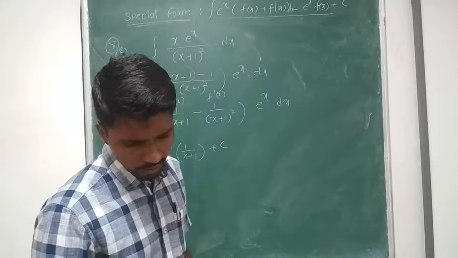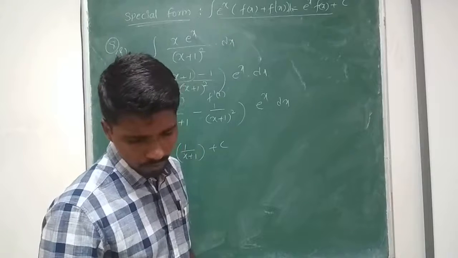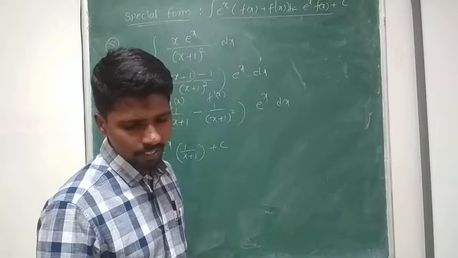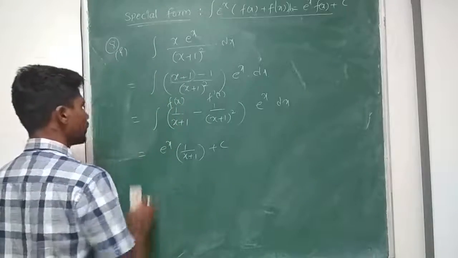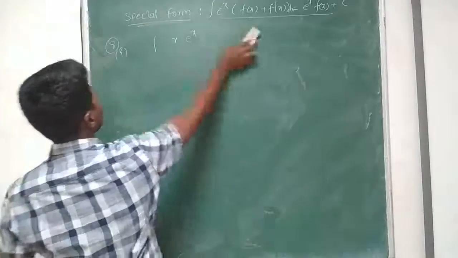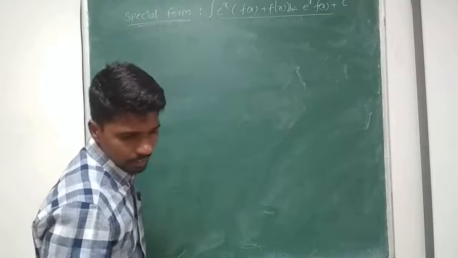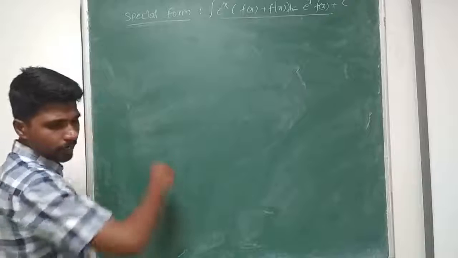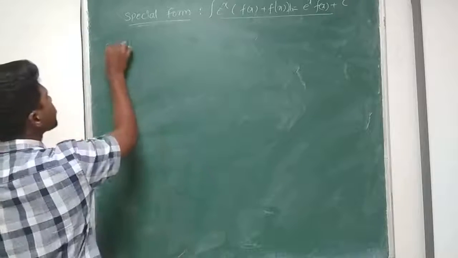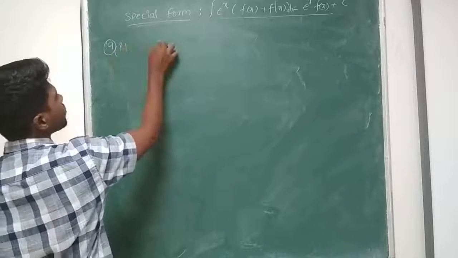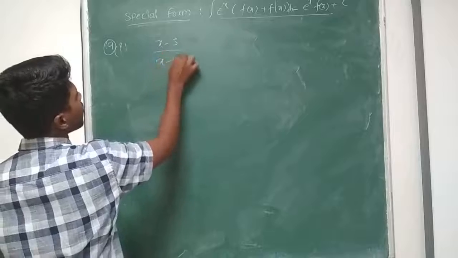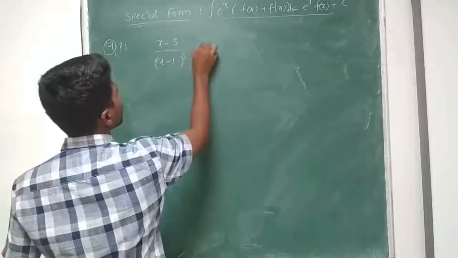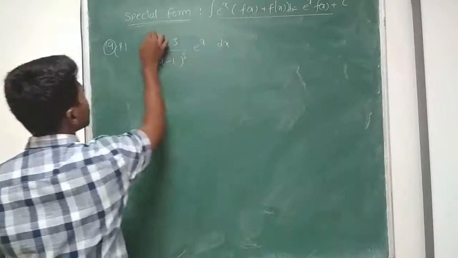Okay. So later one more problem. The same way, they have given x minus 3 by x minus 1 the whole cube, integral of x minus 3 by x minus 1 the whole cube into e power x dx, right?